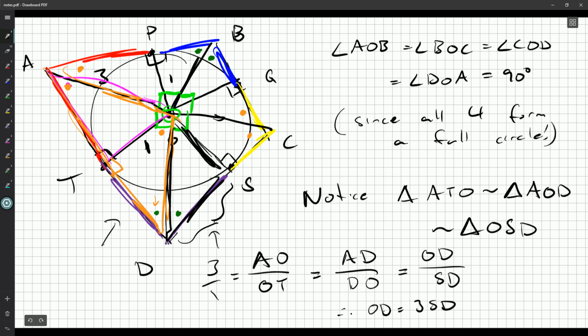And therefore, AD is 3OD, but we just said that's 3 times 3SD, which would make it 9SD. So AD is 9 times SD. I need to figure out what AD is, though.